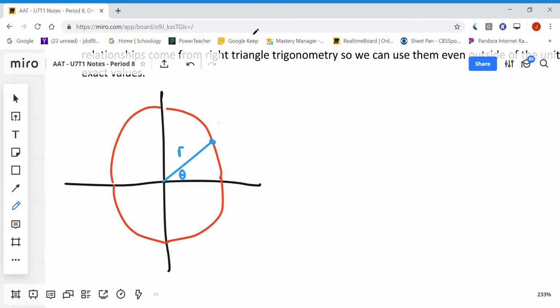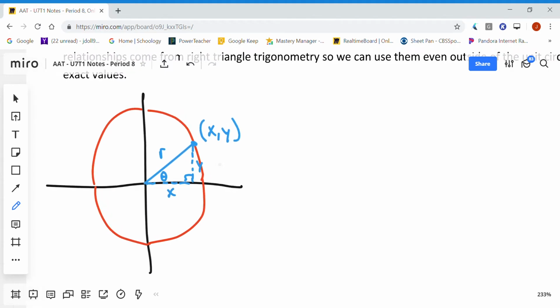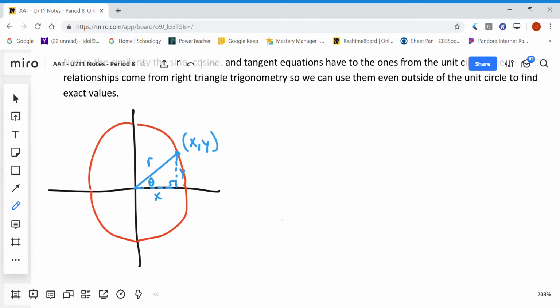We don't know what the radius is, but what we do know is for any angle measure, there's still going to be a point that the terminal side creates on the circle. And the vertical and horizontal distances that give us that point are still going to be represented by x and y. So instead of thinking of this right triangle in SOHCAHTOA terms, opposite, adjacent, hypotenuse, we're going to think about it in terms of x, y, and r.